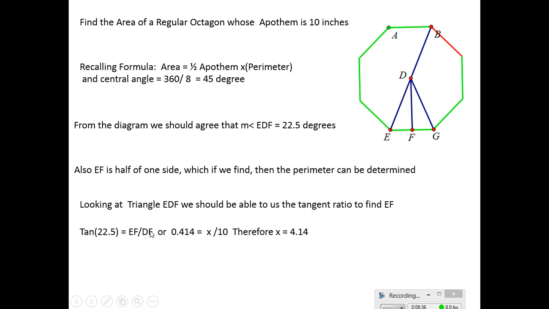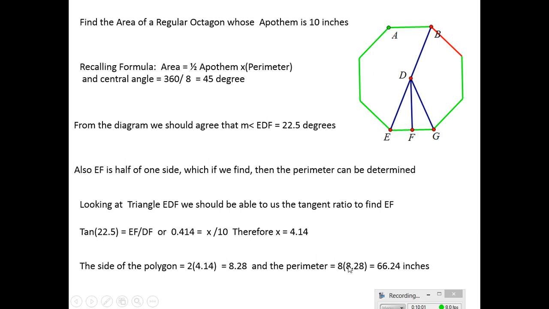Our calculator says that is 0.414, equal to the unknown value EF over 10. Cross multiply, we found that x is 4.14. X is standing in as the value EF. Twice that would be the length of EG. EG, therefore, would be 8.28.